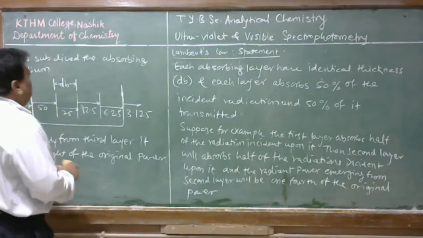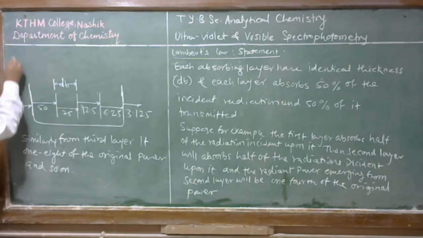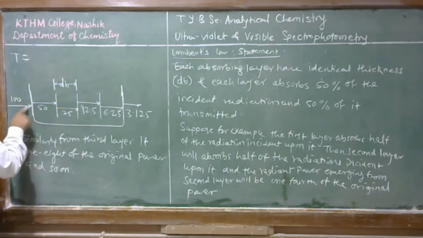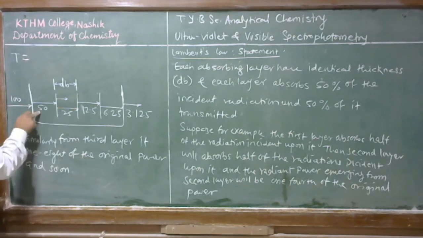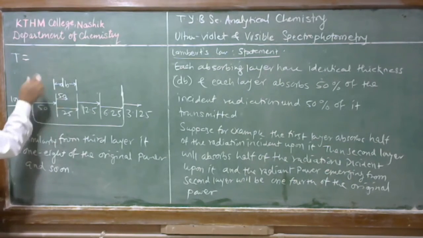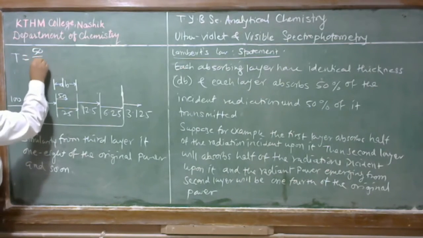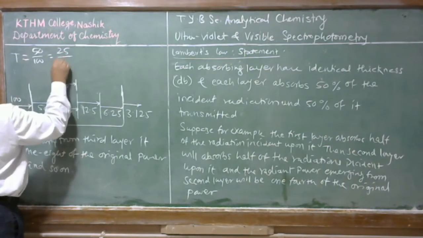But you will find that the transmittance of each layer is identical. That is, radiant power is 50% absorbed, 50% transmitted. Therefore, for the first layer, T is equal to 50 divided by 100. For the second layer, it is 25 divided by 50.